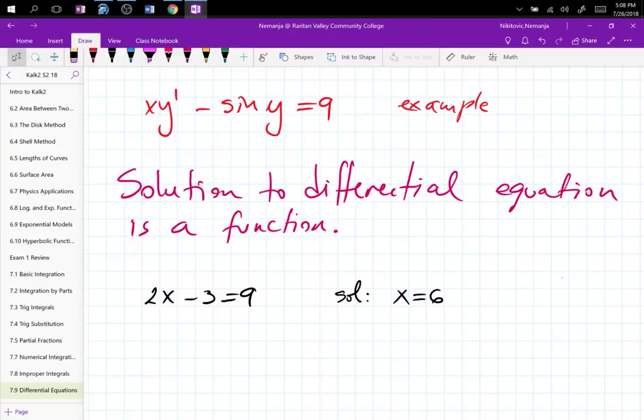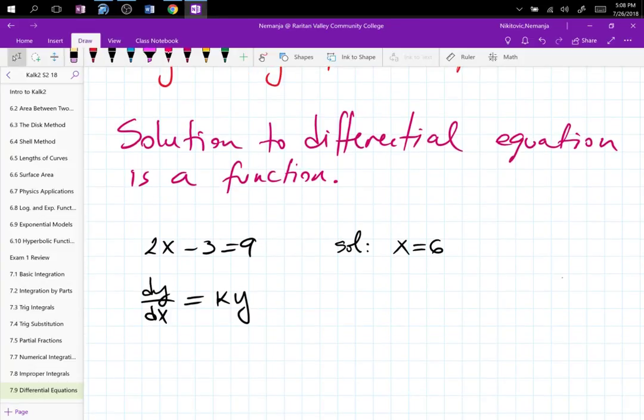Now your equation will say dy/dx is equal to ky. Right? If you have a differential equation that looks like this, you have the first derivative on the left-hand side, you have a function on the right-hand side, your solution is a function.